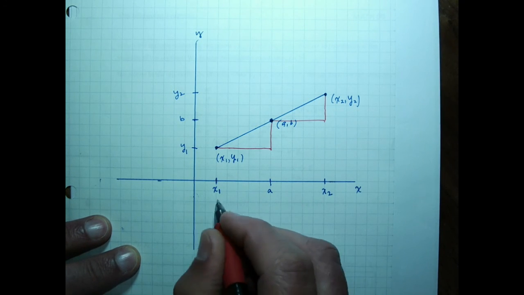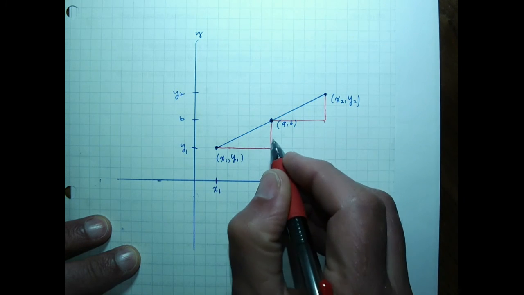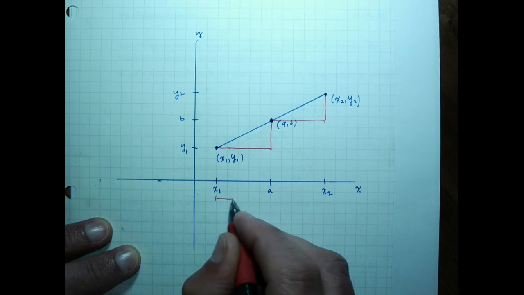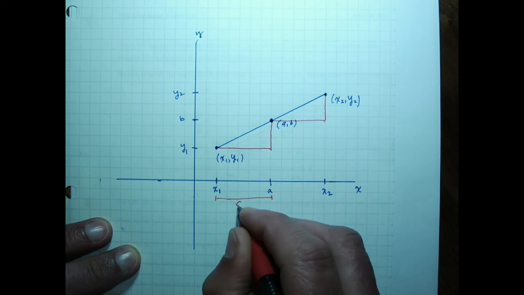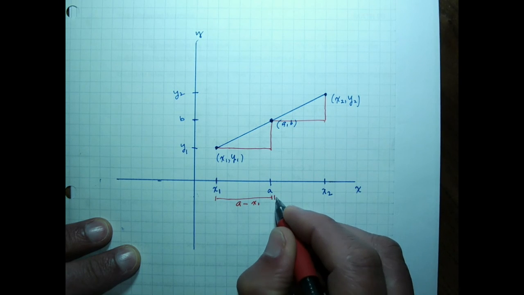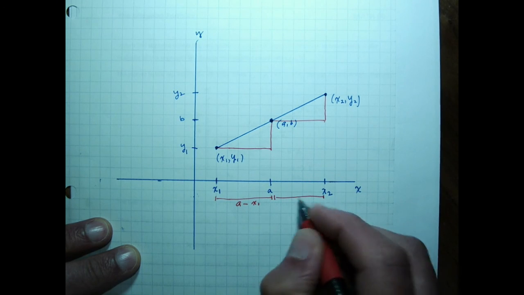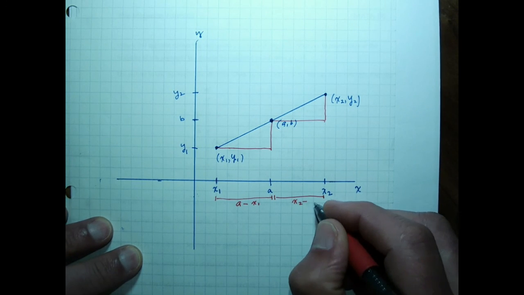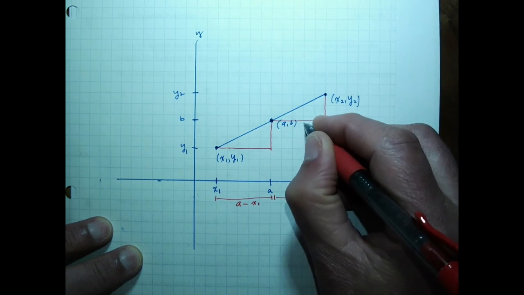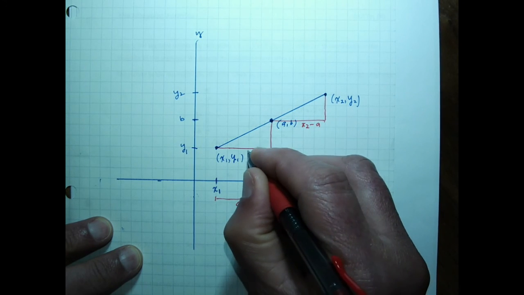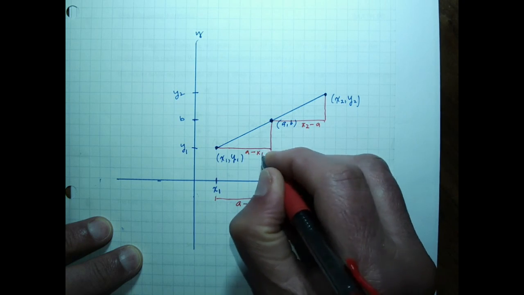We can calculate the sides of these triangles again using subtraction of coordinates. The length from x1 to A is larger minus smaller, A minus x1. From A to x2 is larger minus smaller, x2 minus A. So this side right here has length x2 minus A, and this is A minus x1.